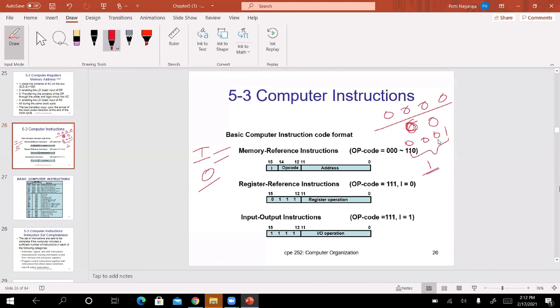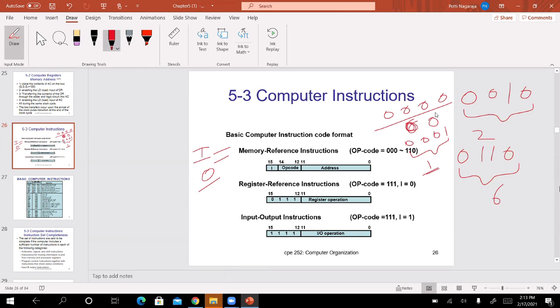Now if you take 010 instead of 001, what is the value? 0010 is 2. Very good. So like that, up to what value? What is the last opcode? 110, so 0110. What is the value of 0110? 6. Very good.